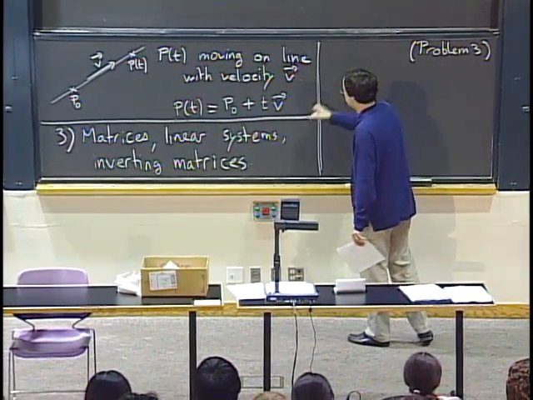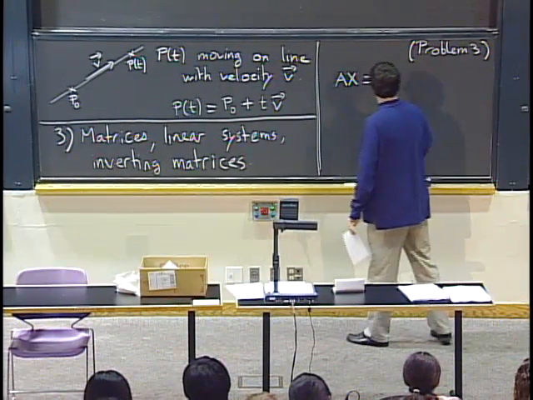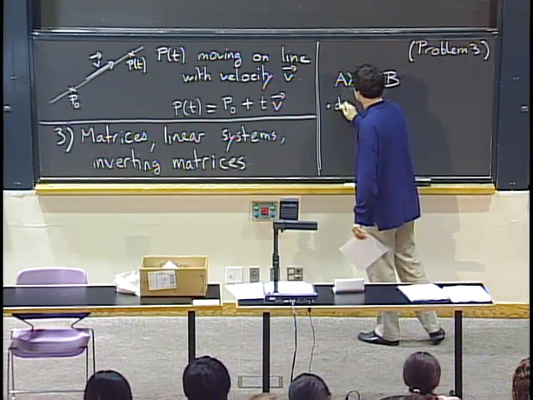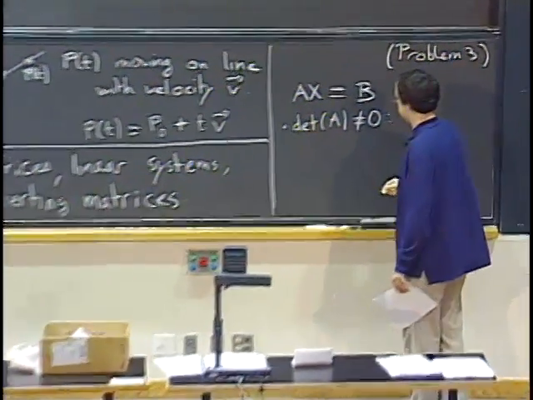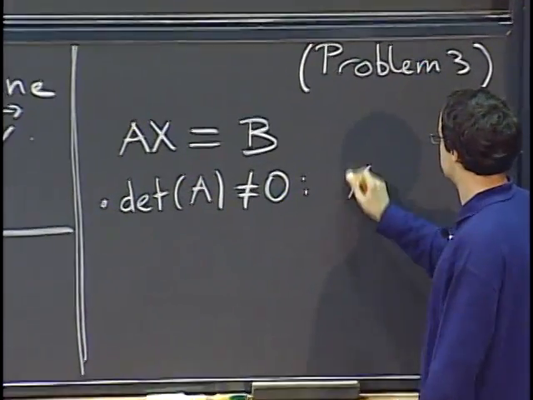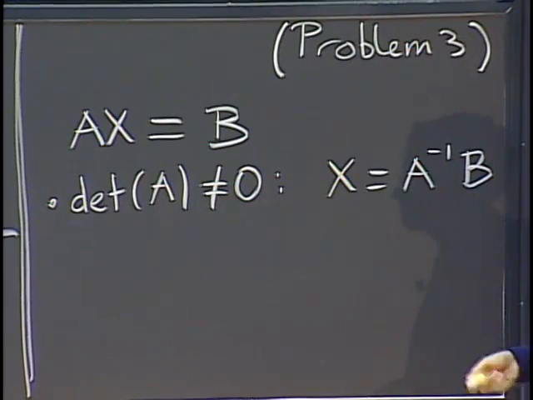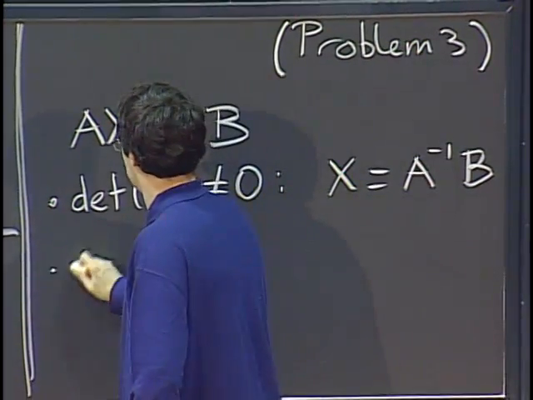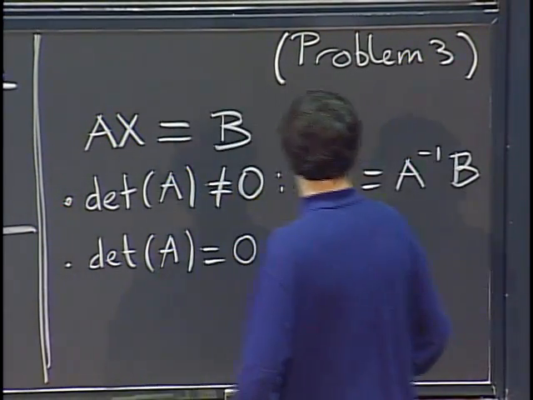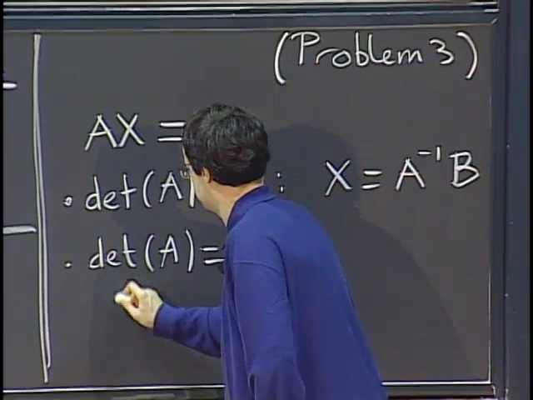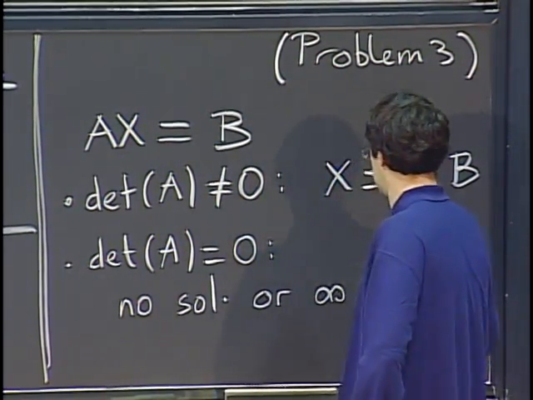But a couple of things that you should remember. If you have a system of the form AX equals B, then there's two cases. If the determinant of A is not 0, then that means you can compute the inverse matrix, and you can just solve by taking A inverse times B. The other case is when the determinant of A is 0, and then there's either no solution or there's infinitely many solutions.